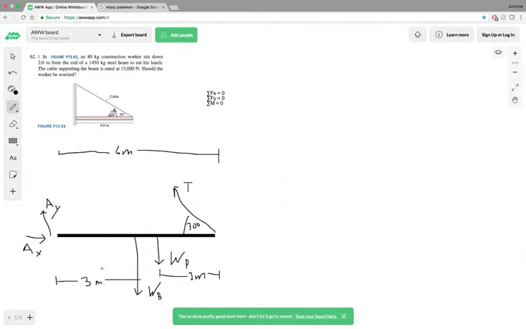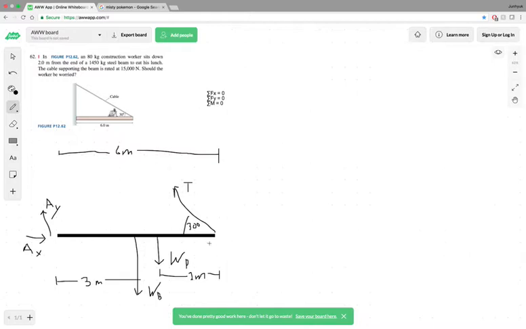Okay, so now that we have a free body diagram here, let's solve for the sum of the moments. When we apply this third equation, we can apply it to any single point that we want along this beam. If we're wise about where we pick, we can effectively eliminate forces that we may not have to worry about.